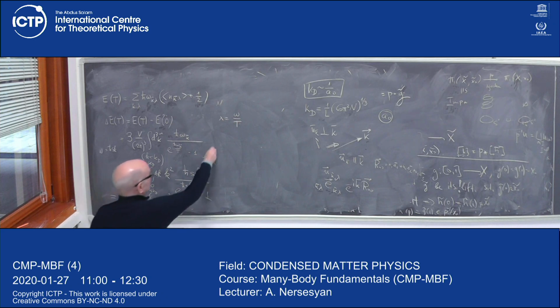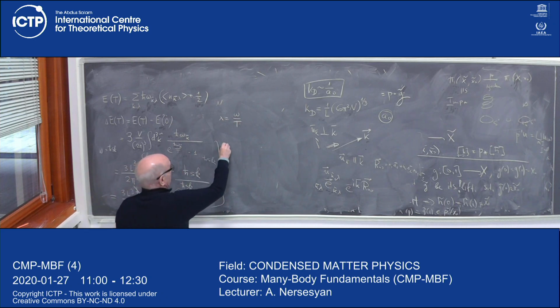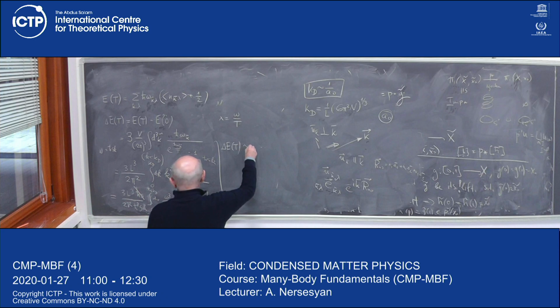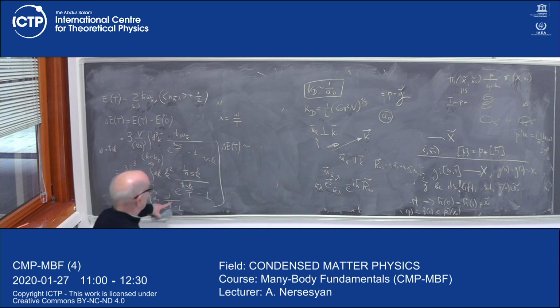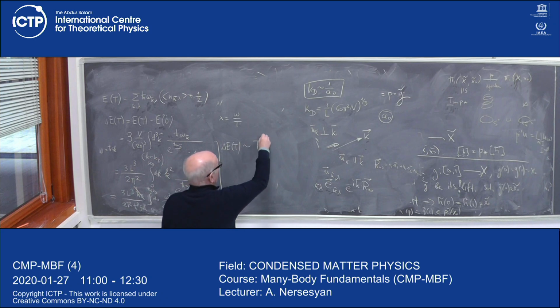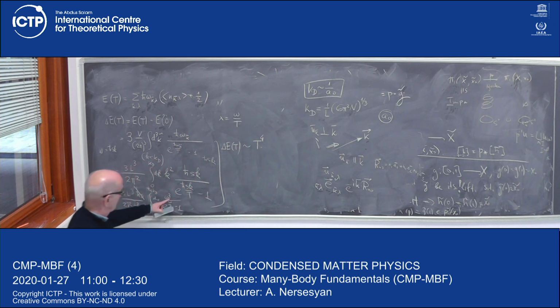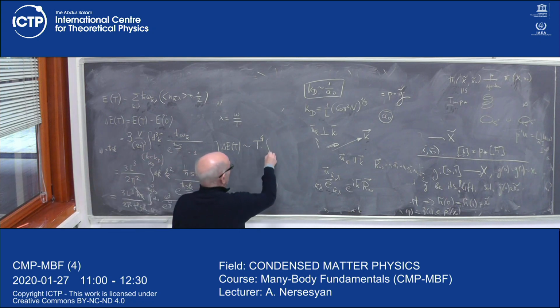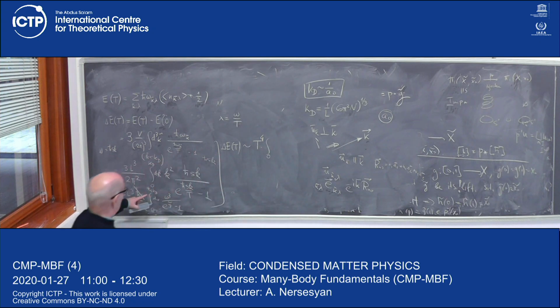As a result, I will find that delta E as a function of t, skipping all the other coefficients and prefactors, will be proportional to the fourth power of temperature, 3 from here, 1 from here, and the integral from 0 to the upper limit.